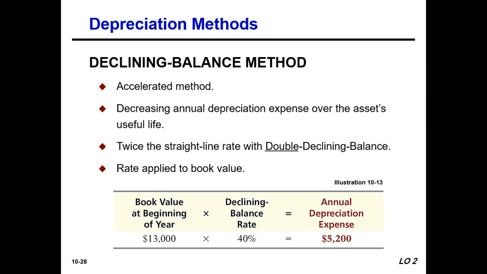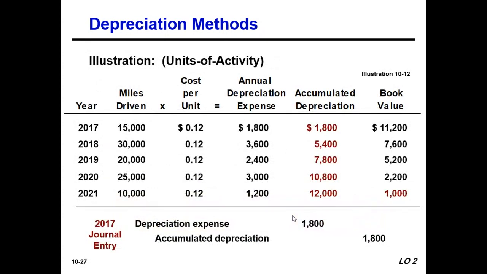Under unit of activity method, if you look at the annual depreciation expense, 1,800, 3,600, 2,400, it is changing, and it varies. It depends on the miles driven or activity, which is your base.